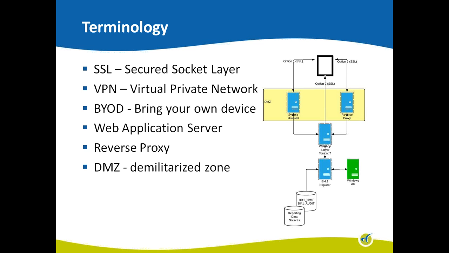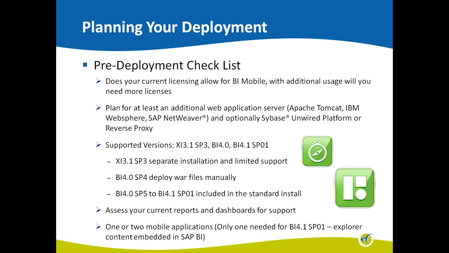Firewall between that environment. You might place servers in between there that have access externally and internally to help provide security for your network. Again, probably terminology that you're familiar with, but I wanted to give everybody just a quick definition of some of those items before we jumped into planning our deployment.